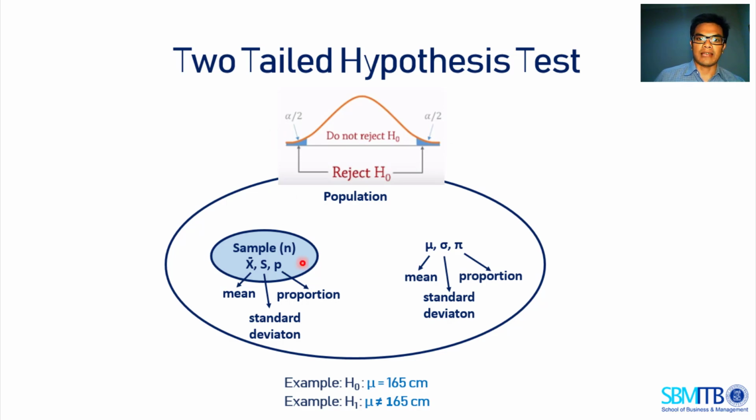This means that if we use the inequality sign as the alternative hypothesis, we do the two-tailed hypothesis test, meaning that the error will be distributed evenly to the right side and the left side.